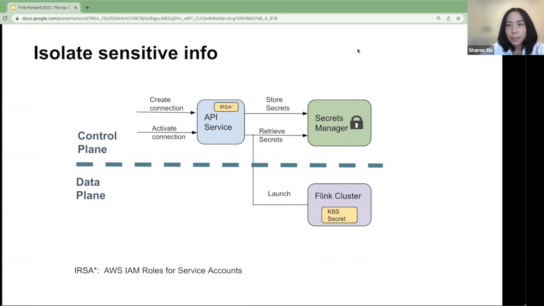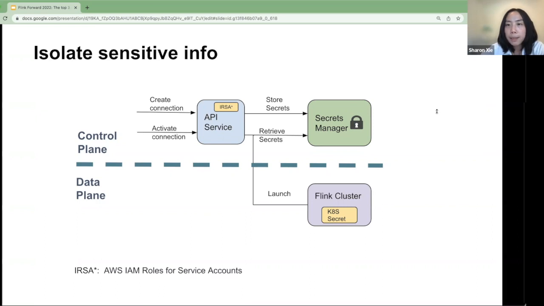Of course, at some point that secret needs to be retrieved. That's when activation happens. When an activation request comes in, the API service handles it and launches a Flink cluster for the connection job. At the same time, it fetches the secrets from Secrets Manager based on the requested connection ID and creates a Kubernetes secret, particularly masked for the Flink cluster it creates.